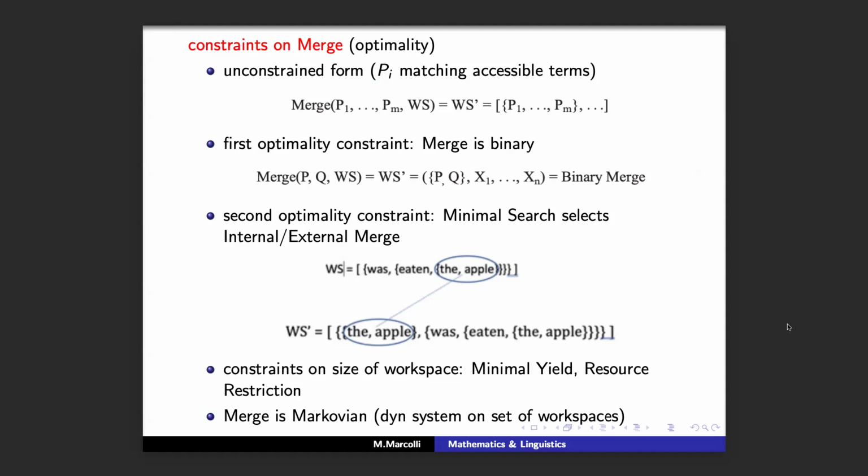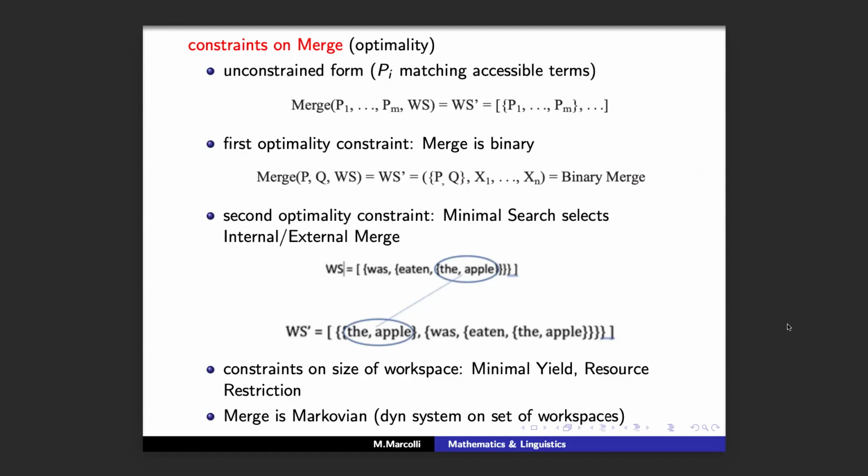And so one first optimality constraint is that the binary one should be preferable in terms of some optimization over the operations with higher arity. And I'll explain what that optimization is. It is indeed the case.